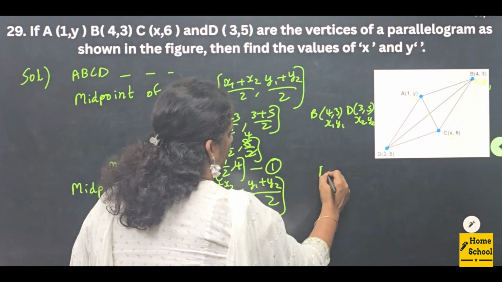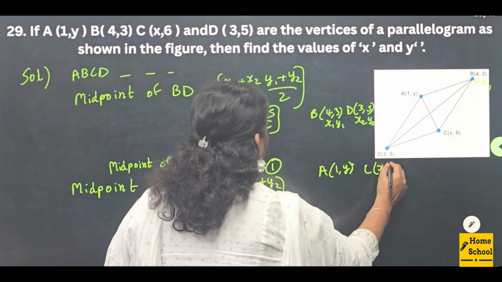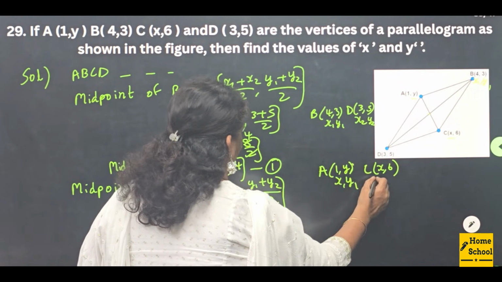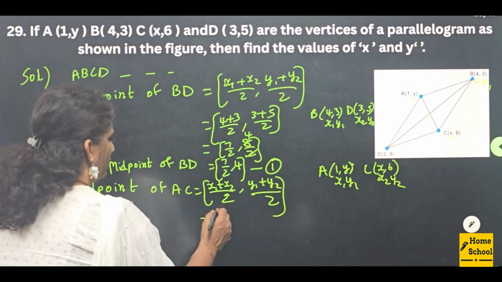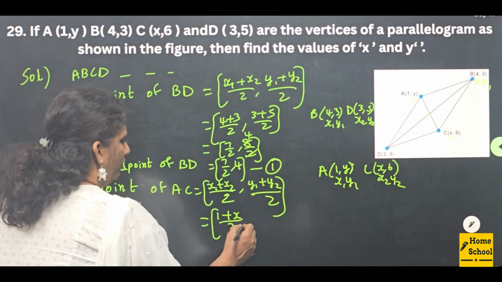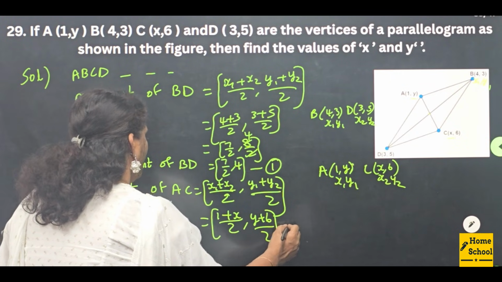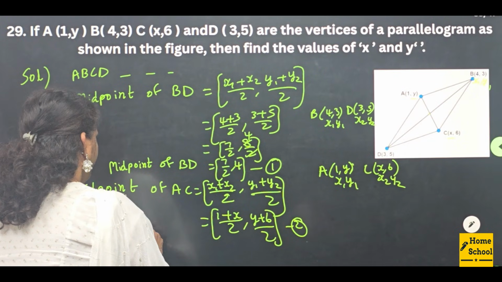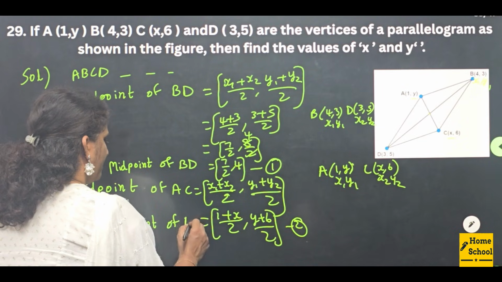Now for AC, A coordinate is (1, y), C is (x, 6). Let us assume these as x1, y1, x2, y2. This equals (1 plus x) by 2, (y plus 6) by 2. Mark this as 2, midpoint of AC.